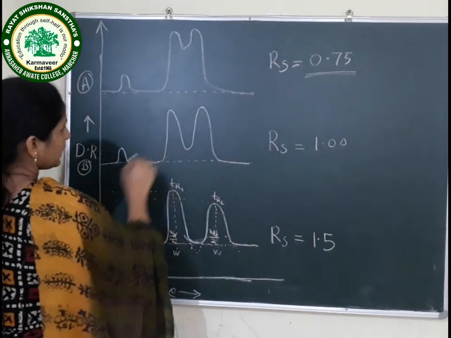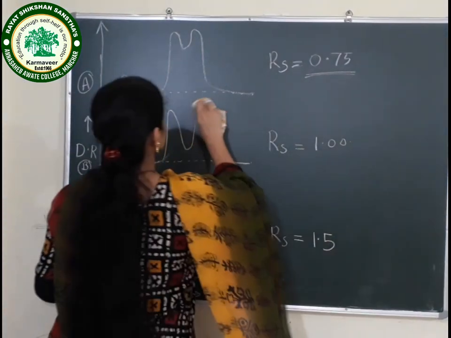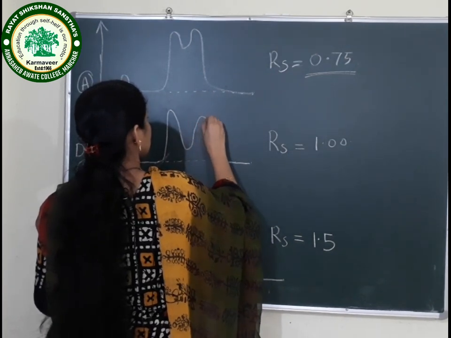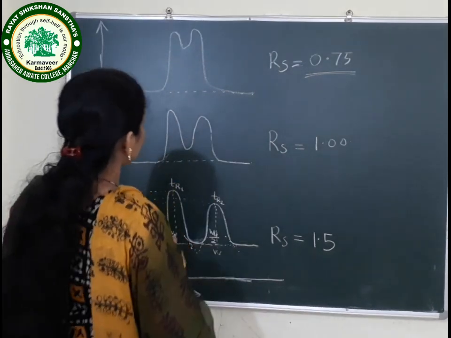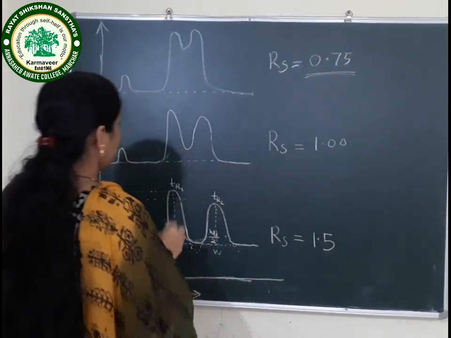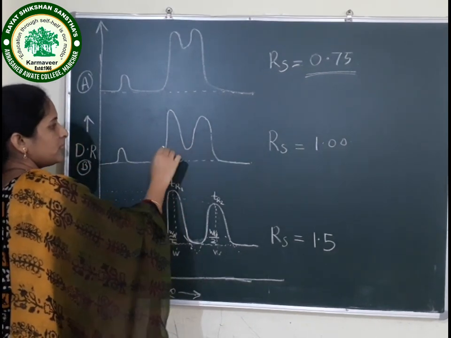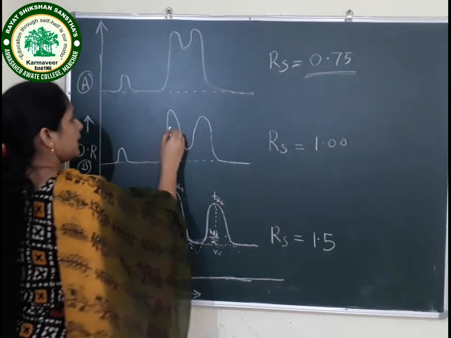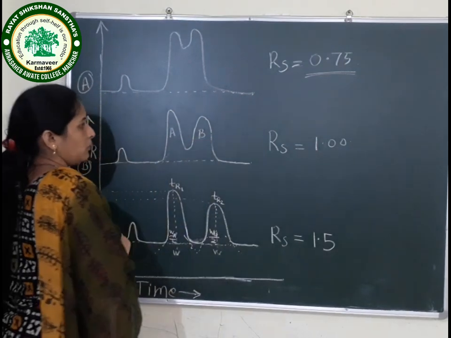Now see the second graph. This second graph is having RS value 1. Here also the two peaks are not separated from each other. This is the A component and this is the B component.